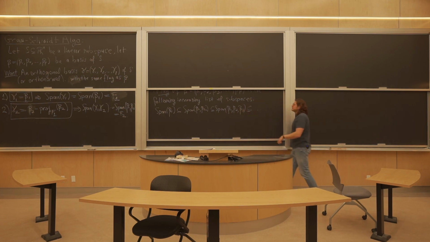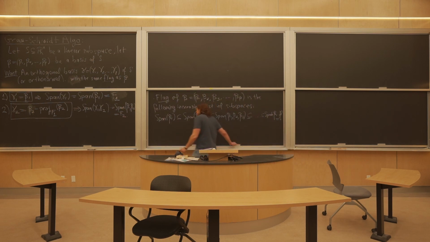And of course, ultimately you have every single vector. So you end with the span of beta 1 to beta p, which is nothing but S itself. This I'm going to call f sub 1. This is f sub 2. This is f sub 3, and S itself I can also call f sub p.